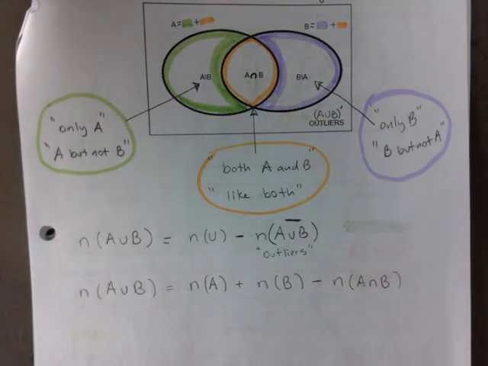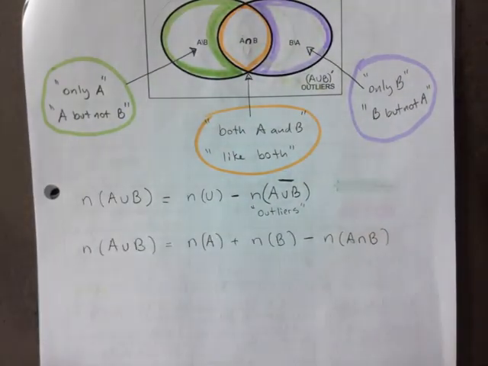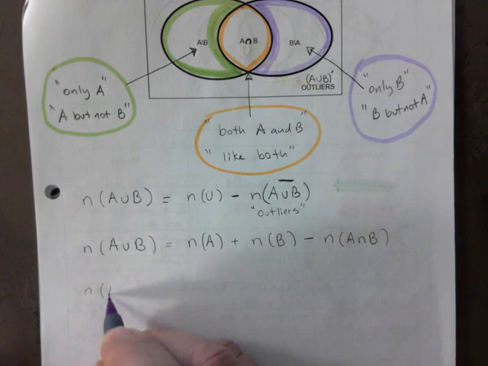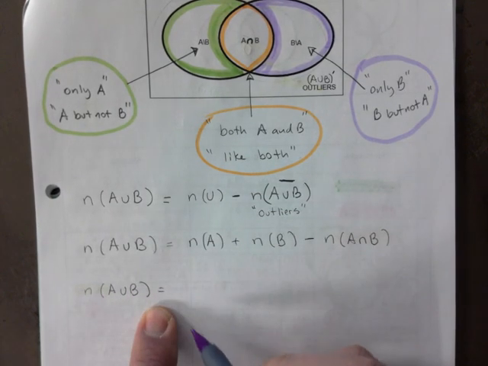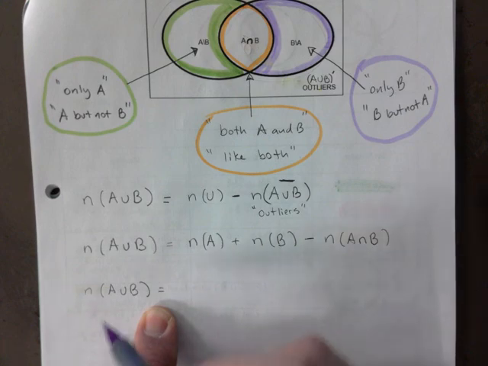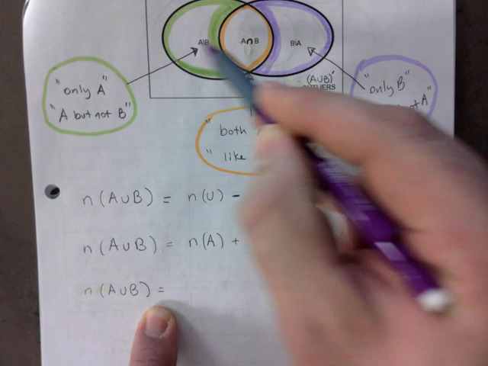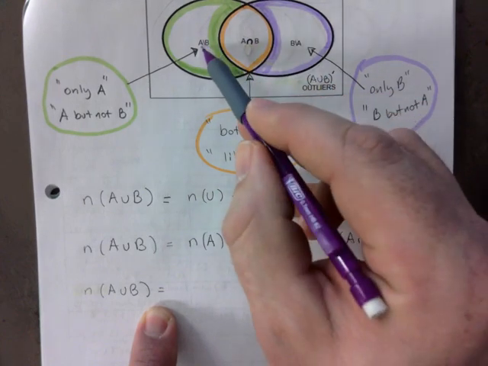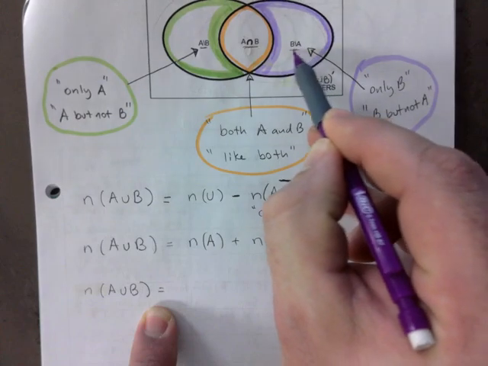Okay? And then the last one, this is a new one. You ready for this one? If you pay attention, it shouldn't surprise you at all. What's union again? It's everything that's in both sets combined. So watch how I'm going to do this. I'm going to add this section here, plus this section, plus that section.